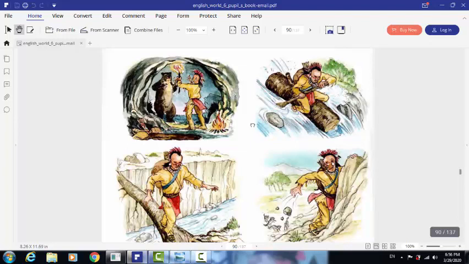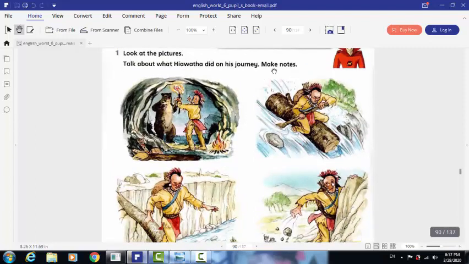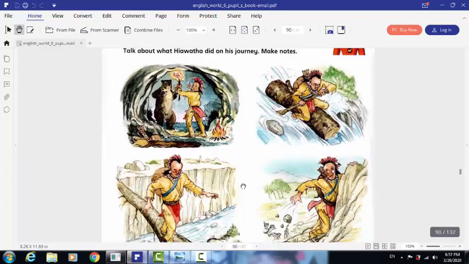Make notes. So, in this lesson, we are going to write Hiawatha's journey to find Diganawida. As you can see here, we have 4 pictures. We are going to make notes about each picture to talk about Hiawatha's journey. For each picture we have to make notes, and finally write a paragraph on it.